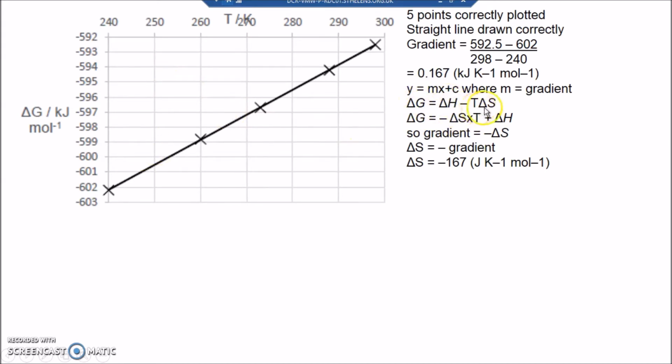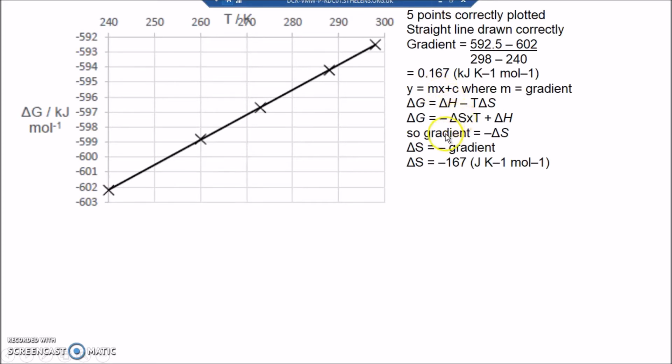The x value is T. So delta S times T, with a minus, and then plus delta H. The delta H is a constant. So T is the x bit, and this minus delta S is the m.